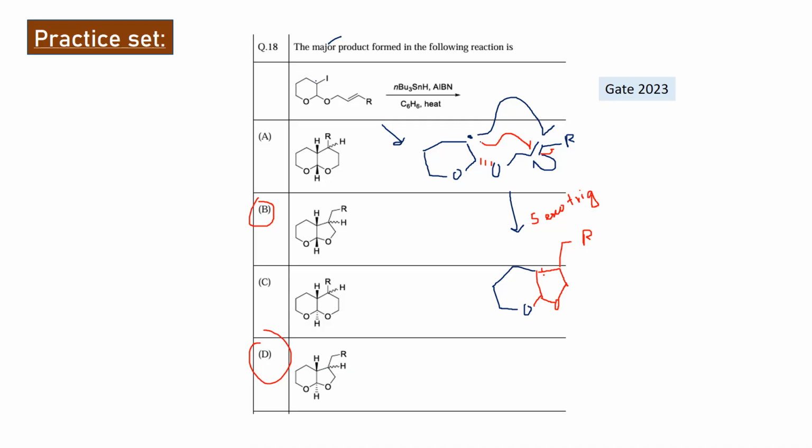So these two bonds will form below the plane. Similarly, these two hydrogens go to the same plane, that is above the plane. So the correct option will be option B, not D. Okay.